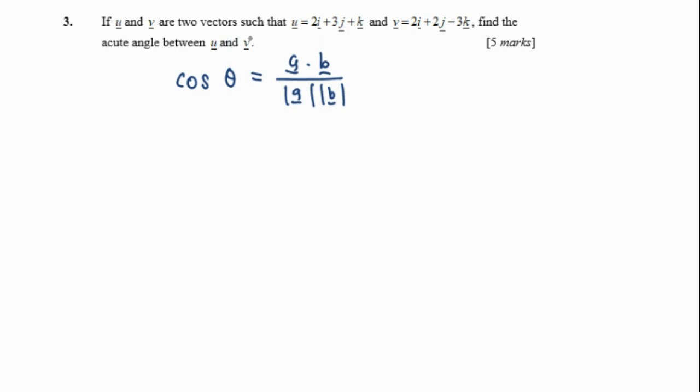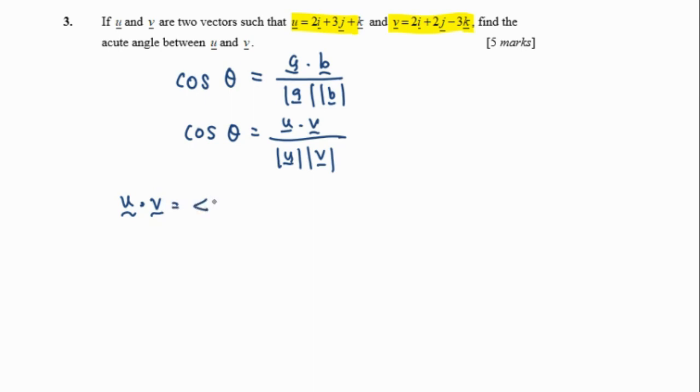For finding acute angles, we are going to use the formula cos theta equals vector A dot with vector B over magnitude A times magnitude B. So in this case, we are going to do u dot v over the magnitude of u times the magnitude of v. First of all, we need to find vector u dot with vector v.